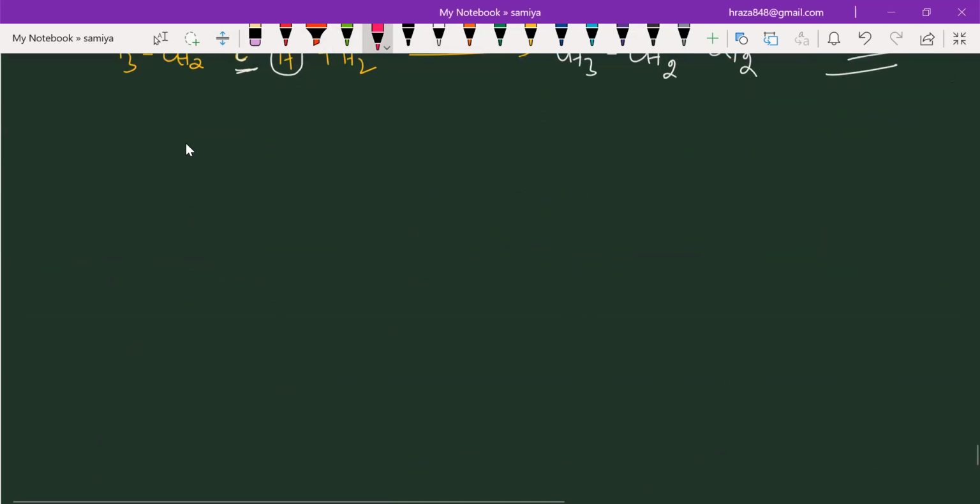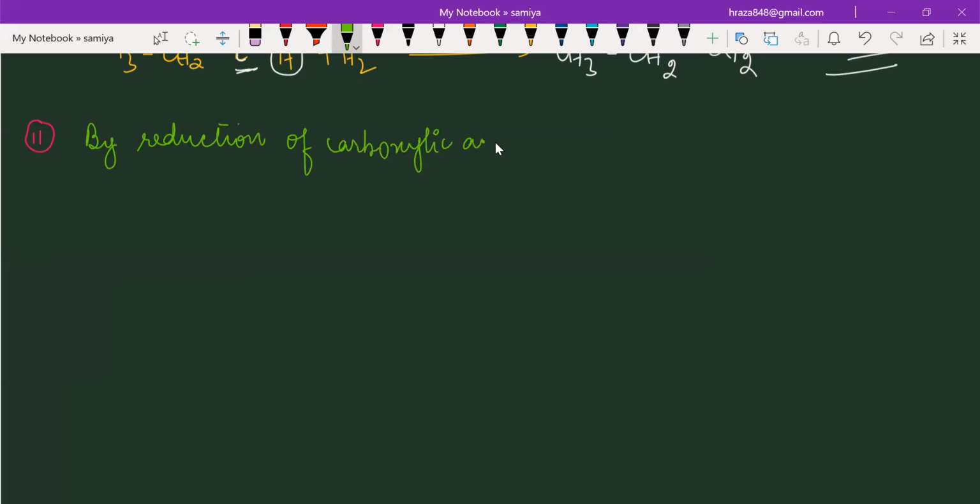Now see, the next preparation of alcohols from carbonyl compounds is by reduction of carboxylic acid. Always remember this reaction can be reversed also. That means if we are using a reducing agent on aldehyde to prepare alcohols, we can oxidize alcohol to prepare aldehyde.